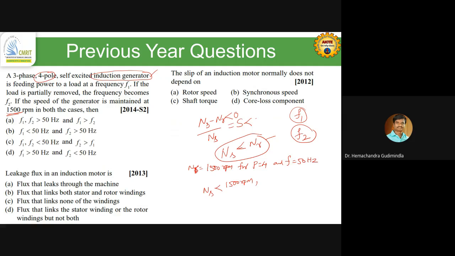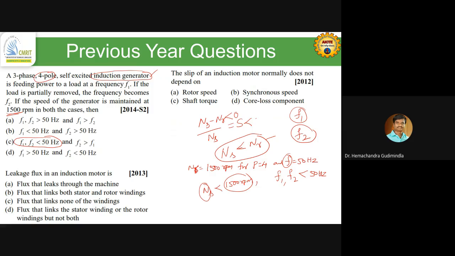Then if Ns is 1000, less than 1500 rpm, then the frequency, whether f1 or f2, should be less than 50 hertz, because the synchronous speed Ns is less than 1500 rpm, since it is a generator. Now f1 and f2 are less than 50 hertz, so we got one option.